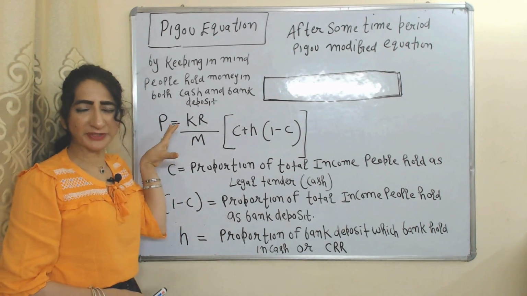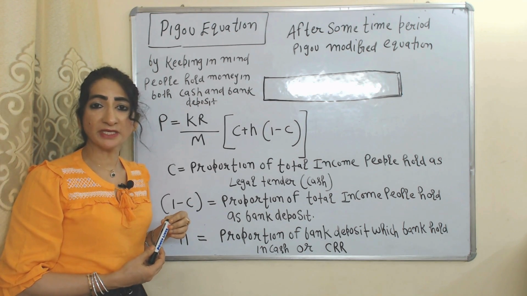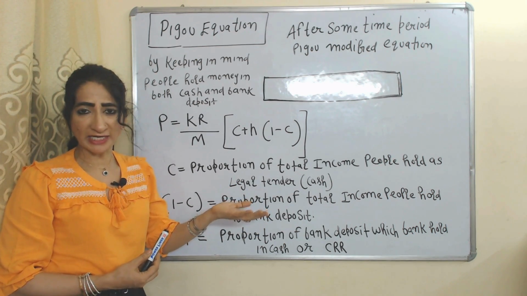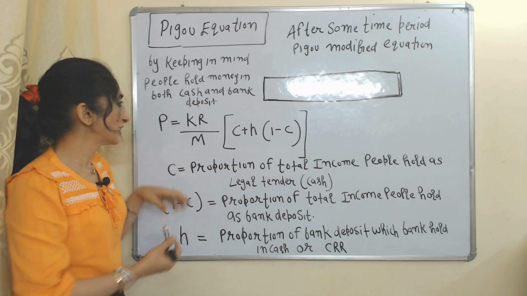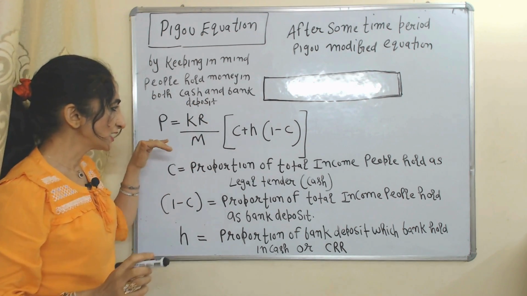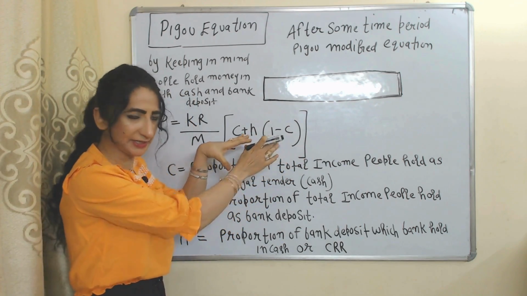After some time, Pigou modified his equation by keeping in mind that people hold money in the form of cash and bank deposits. The meanings of these are the same as we discussed earlier. In the new modified equation, only this part is added.